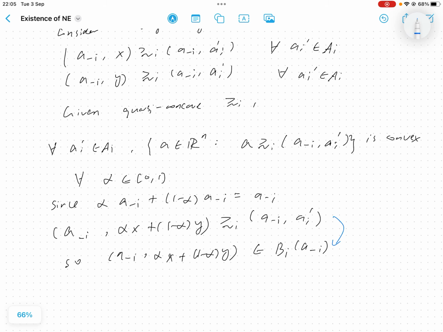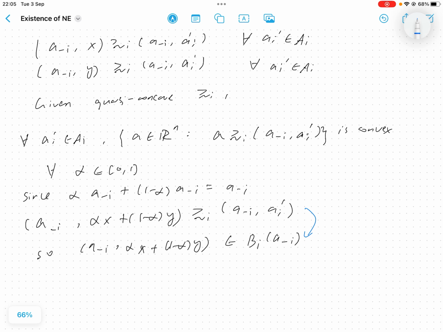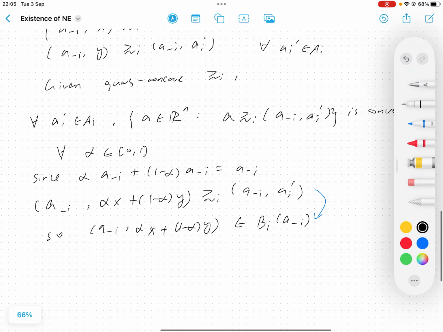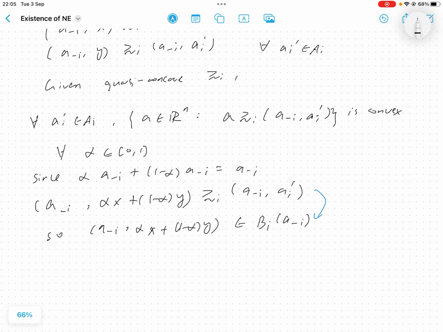From here to this step, the intuition is that because it's better than all the other actions, it has to be the best response, right? For all those actions, and this is similar for all the other dimensions, okay?